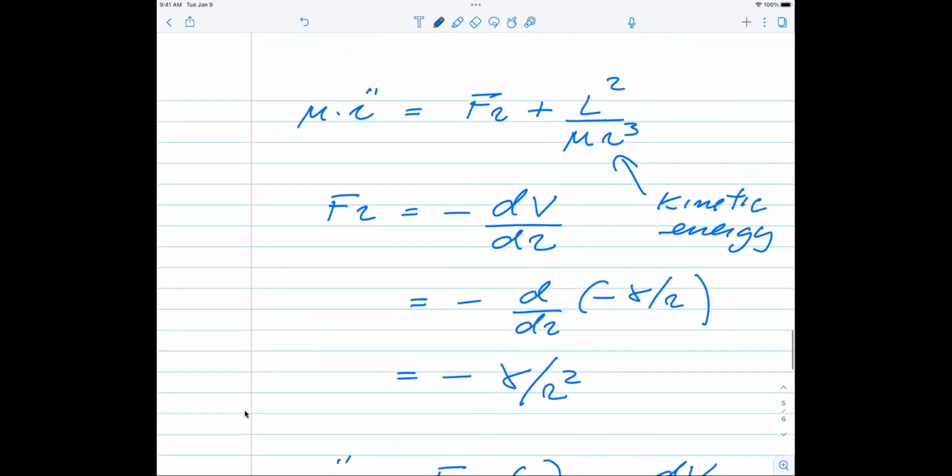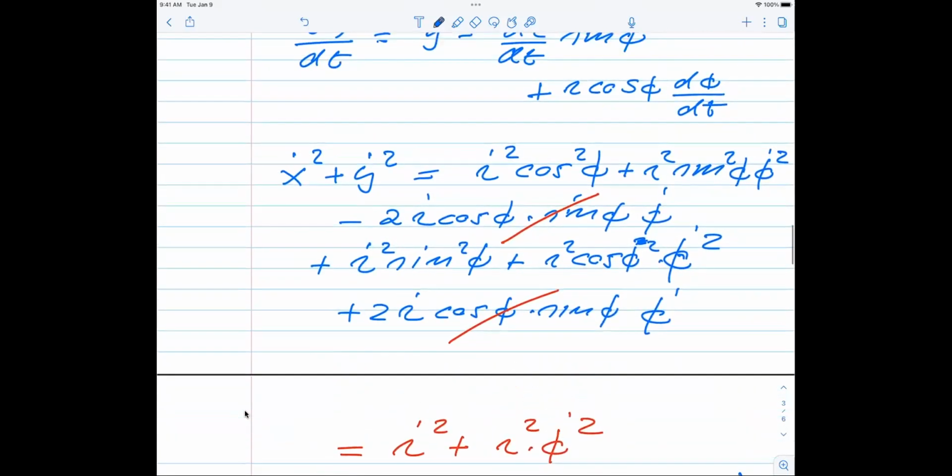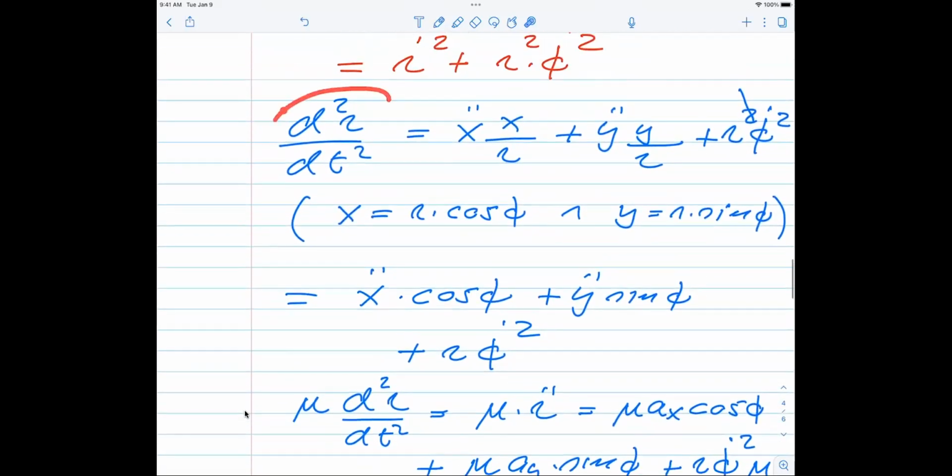You can see that because if we go back to the expression for the kinetic energy, multiplied with the mass and divided by 2, this is nothing but the kinetic energy in the X and the Y degrees of freedom. In that case, we had a term which goes like R dot squared, but then we have this additional term here, which now enters the differential equation for the radial position.